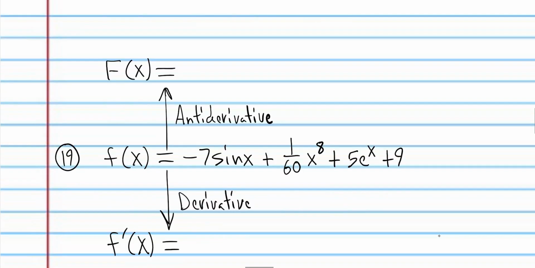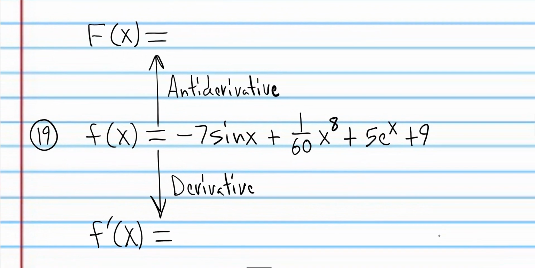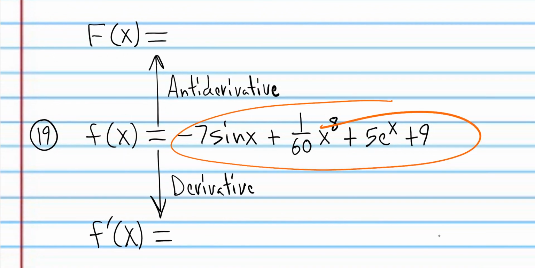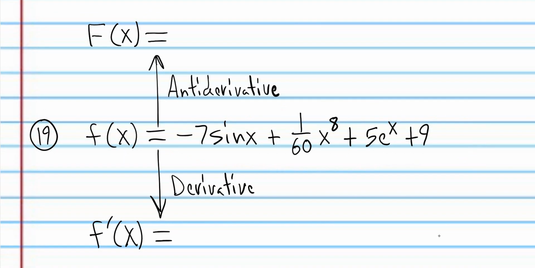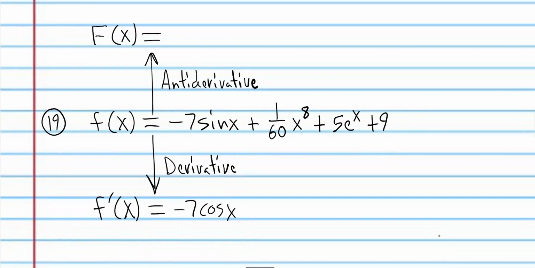Okay, so let's try another one. We have a sum of terms again. So the derivative of sine is cosine, and the derivative of this would bring the 8 down and reduce, and we get 8 over 60, which is 4 over 30, which is 2 over 15.